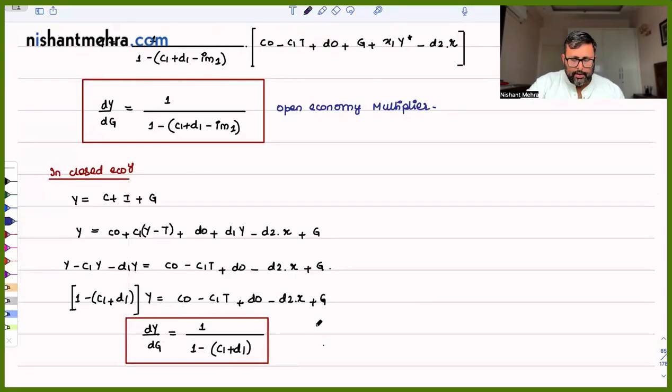This is the closed economy multiplier. This guy is the closed economy multiplier.